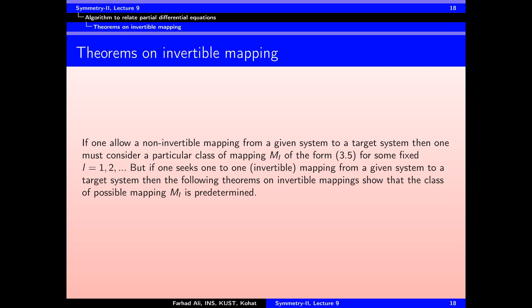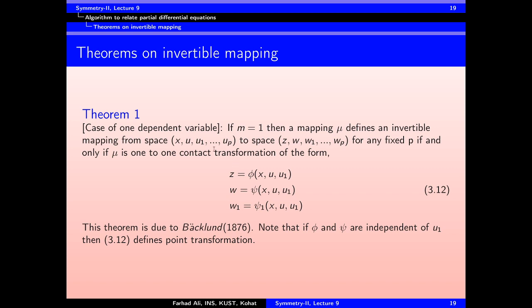Invertible mapping: there are theorems on invertible mapping. So we have two theorems on invertible mapping. The first one is this: when there is only one dependent variable, then we have a mapping given in equation 3.12. Z is a function of x, u, and u1.